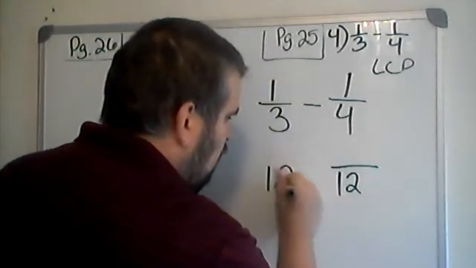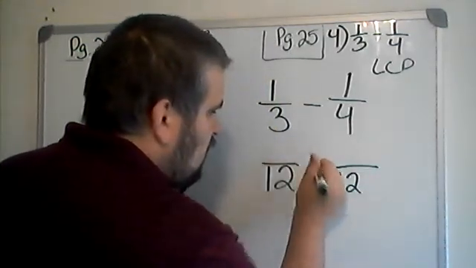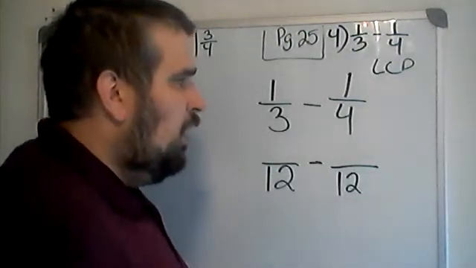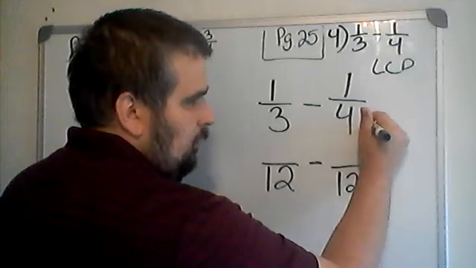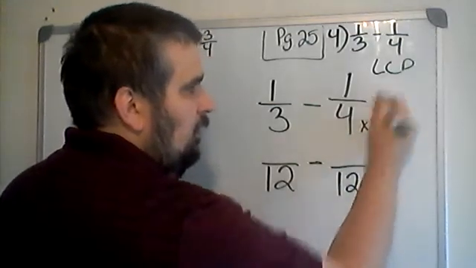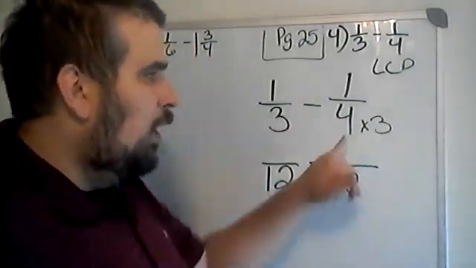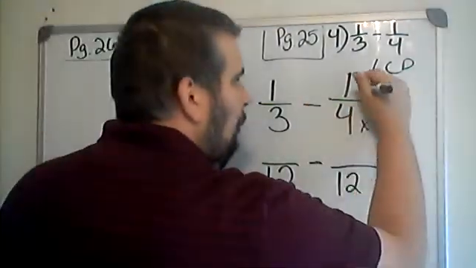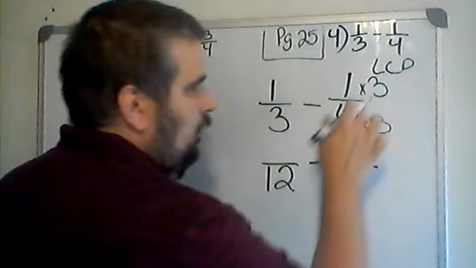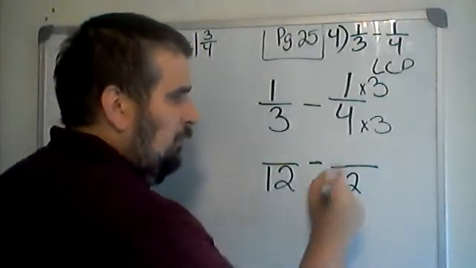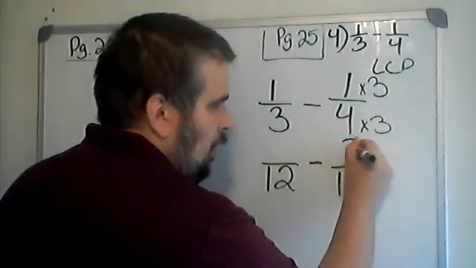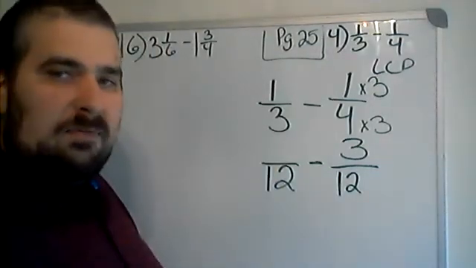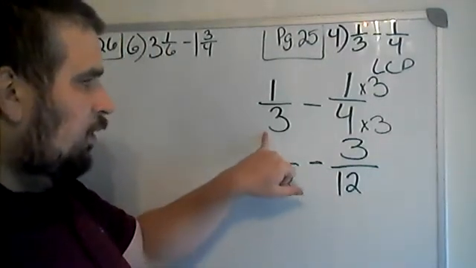So I can go ahead and put my denominator for each. Now what did we multiply 4 by to get to 12? That was 3. And anything I do to the bottom, I have to do to the top. So then I have 1 times 3, which is 3. Now what about this other fraction?